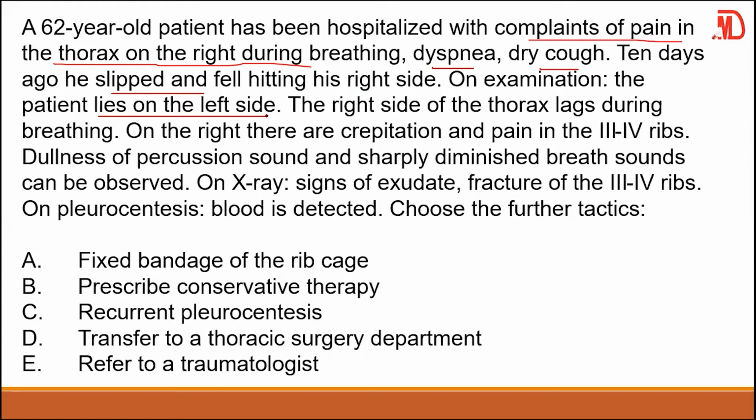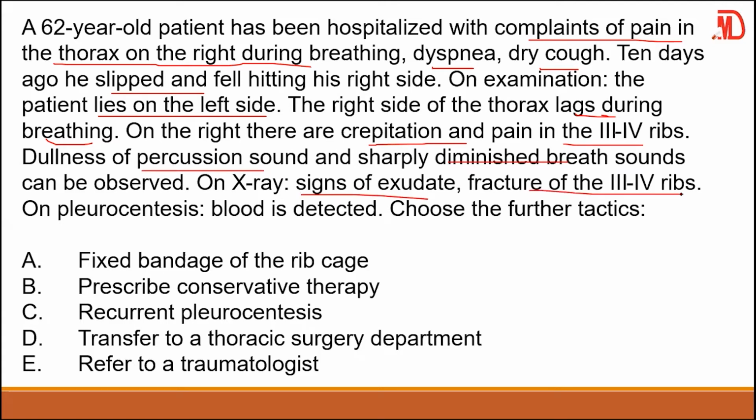That means because of the pain on the right, the person cannot actually lie there, but prefers to lie on the left. The right side of the thorax lags during breathing. On the right, there are crepitation and pain in the 3rd and 4th ribs. There's dullness of percussion sound and sharply decreased breath sound. X-ray shows signs of exudate.